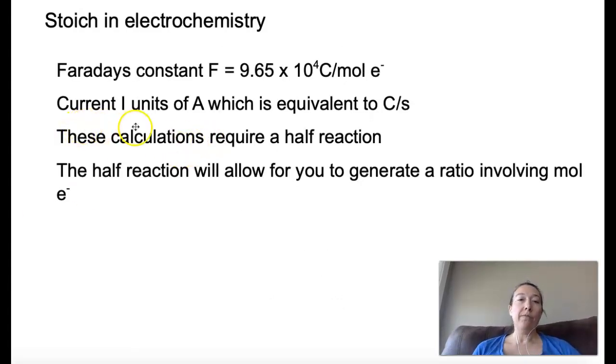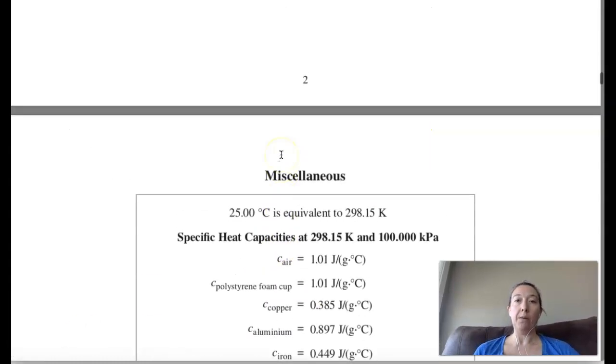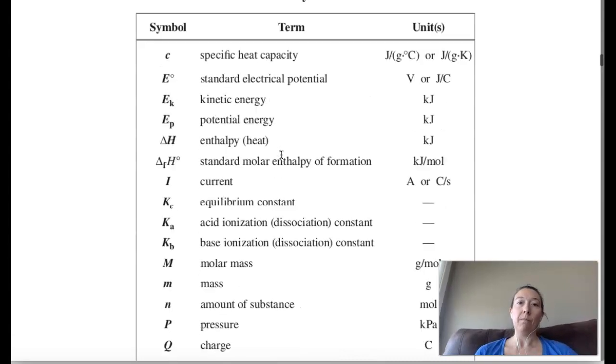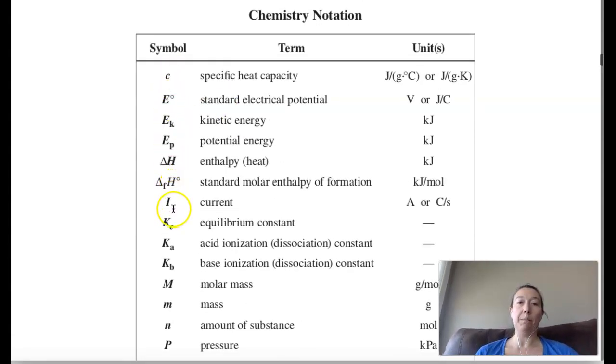You are also going to find that we talk about current. Current, whose symbol is a capital I, has units of amps, shown as a capital A. An amp is equivalent to a coulomb per second. If you look in your data booklet, on page number 2, a page you don't look at very often, you will find all these symbols, what they stand for, and what the units are.